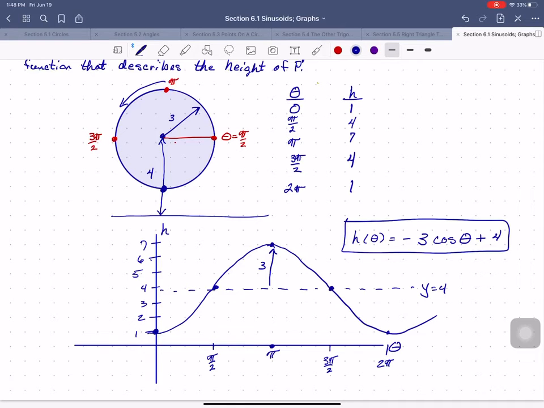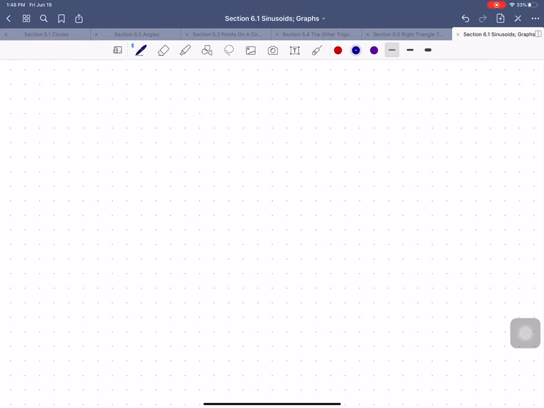Now, we have talked about adjusting or transforming the amplitude, and we've transformed the midline. The last thing we need to talk about is transforming the period.